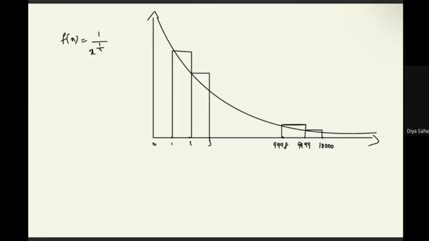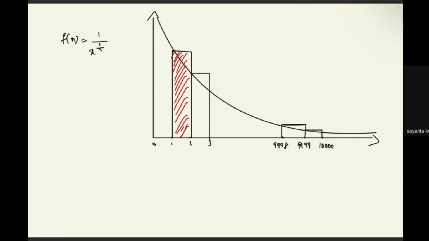Sir, I think we should take a left hand one because it starts from 1. Which one are you saying? I'm telling what this area is.